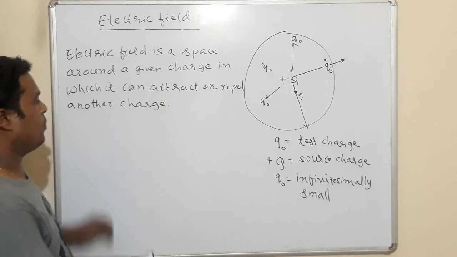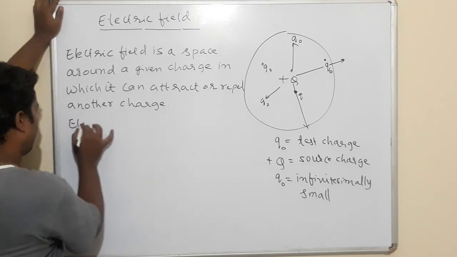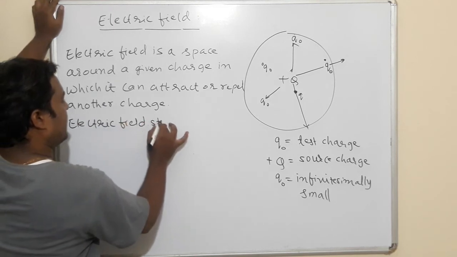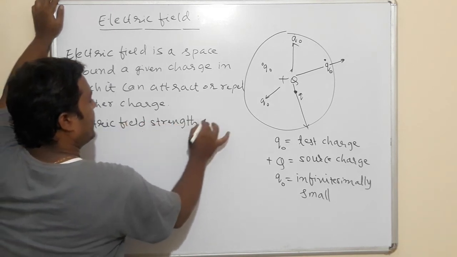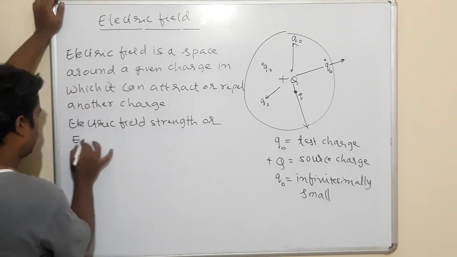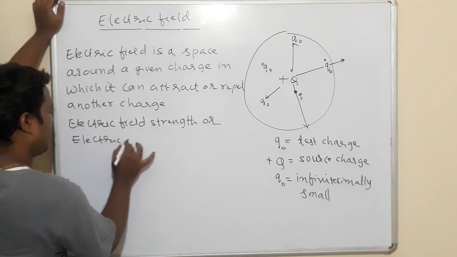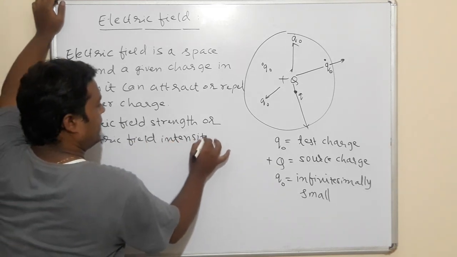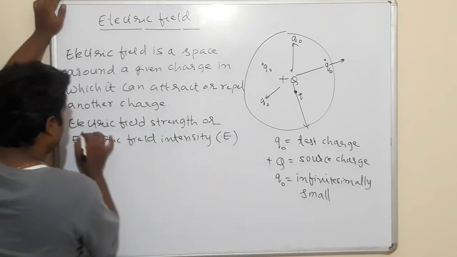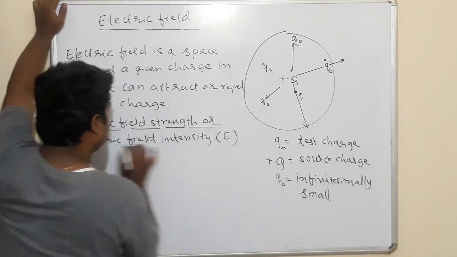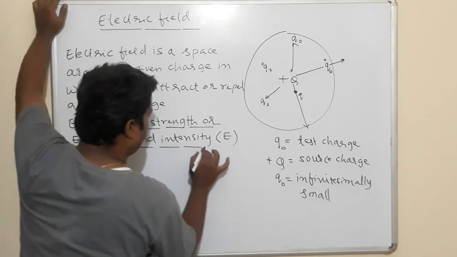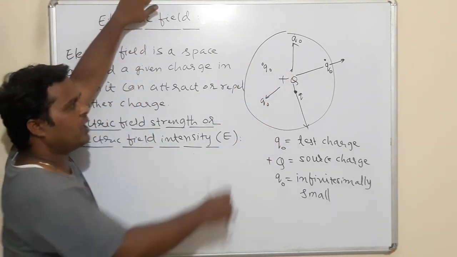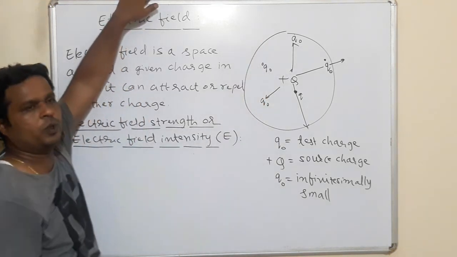That means when I want to measure the strength of electric field, or electric field strength, it is also called electric field intensity. Electric field strength or intensity is nothing but how it is measured, in what terms I am saying that electric field is stronger at a point, or that the strength of electric field is lower at a point.